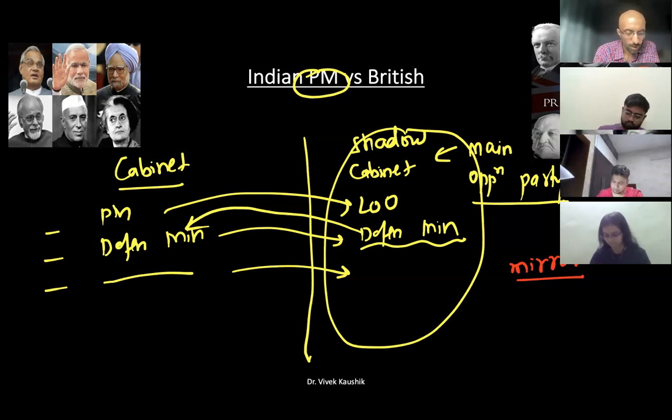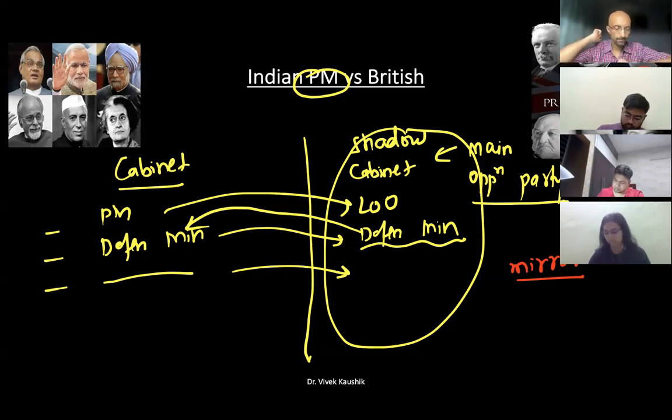In India, comma, shadow cabinet is not practiced. Mainly due to multi-party democratic system in which even the opposition is fractured.